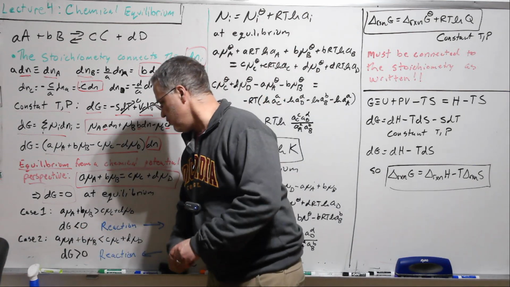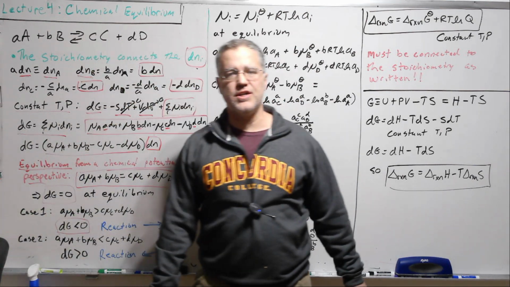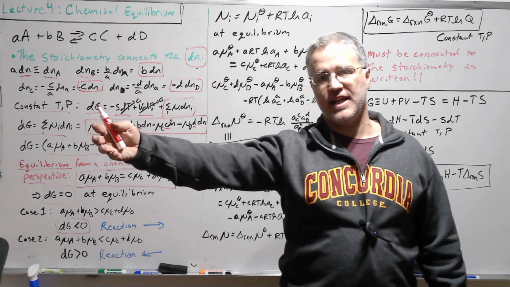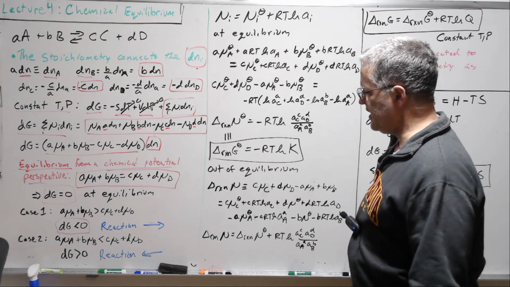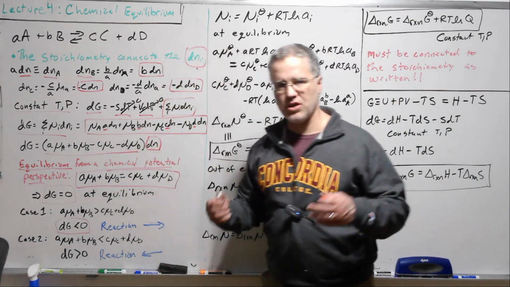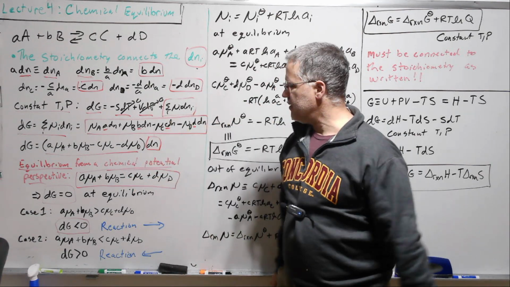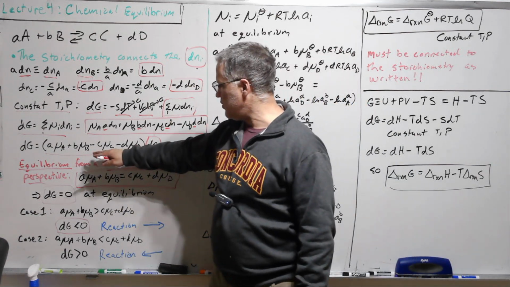And you probably remember, this is how we usually learn the condition for spontaneity in the forward direction: delta G, or dG, is negative. Conversely, if the products are stronger, they want to push back more, and then the reaction is going to go the other way.